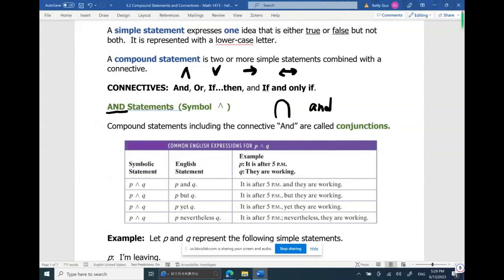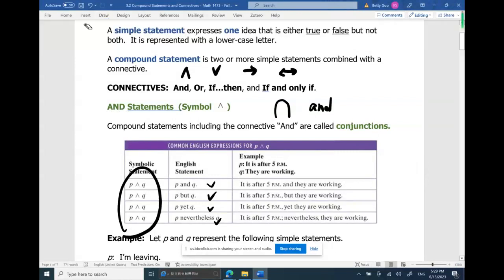When we have two component statements, let's say P and Q, and we want to express P and Q, or P but Q, or P yet Q, or P nevertheless Q, then we use P and Q, the conjunction, to represent those compound statements symbolically.